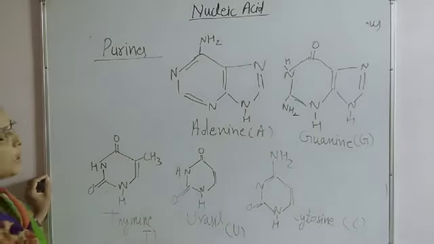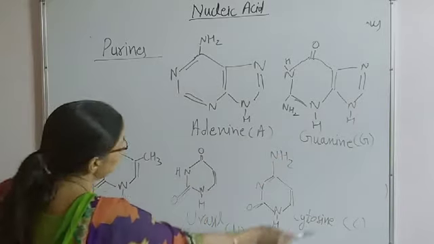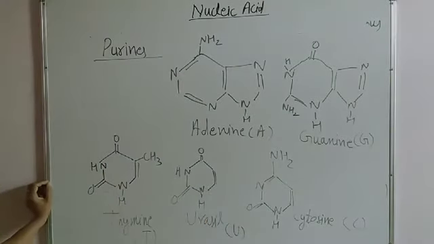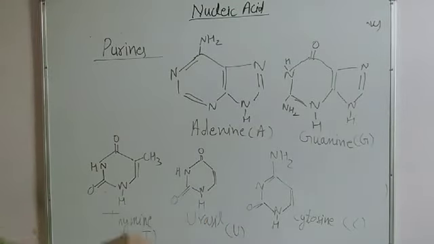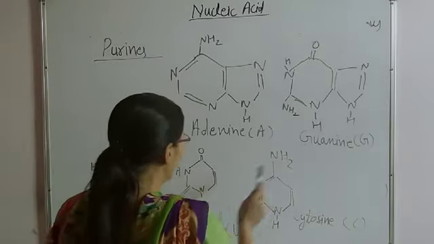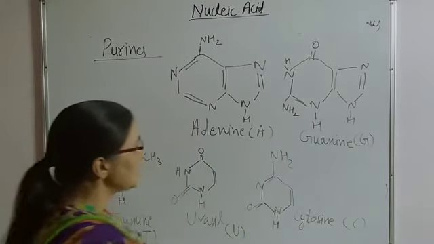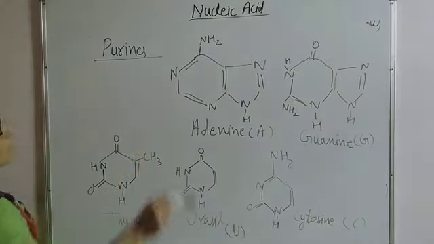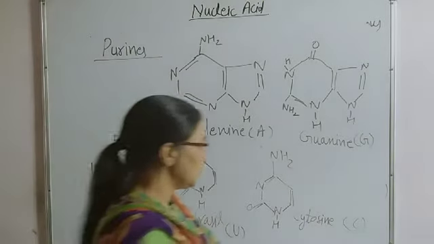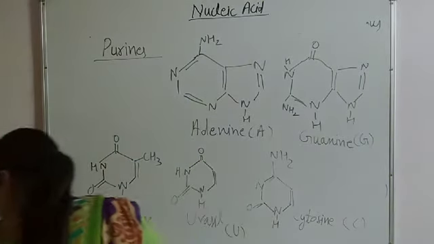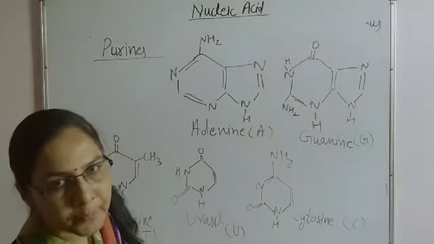So DNA has adenine, guanine, cytosine, and thymine. RNA has adenine, guanine, uracil, and cytosine. Two of these are purine bases, and the rest are pyrimidine bases.